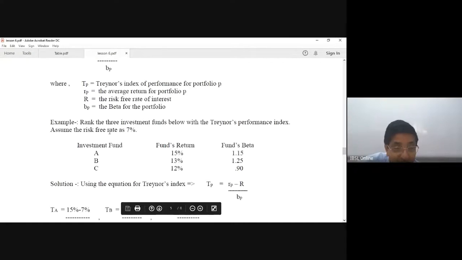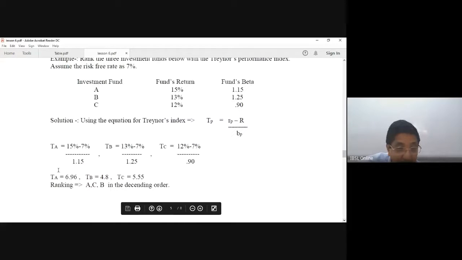Now here also, there's an example. Now in this example, you have these calculations, and for company A, the Treynor measure is 6.96. For company B, the Treynor measure is 4.8. For company C, the Treynor measure is 5.55.